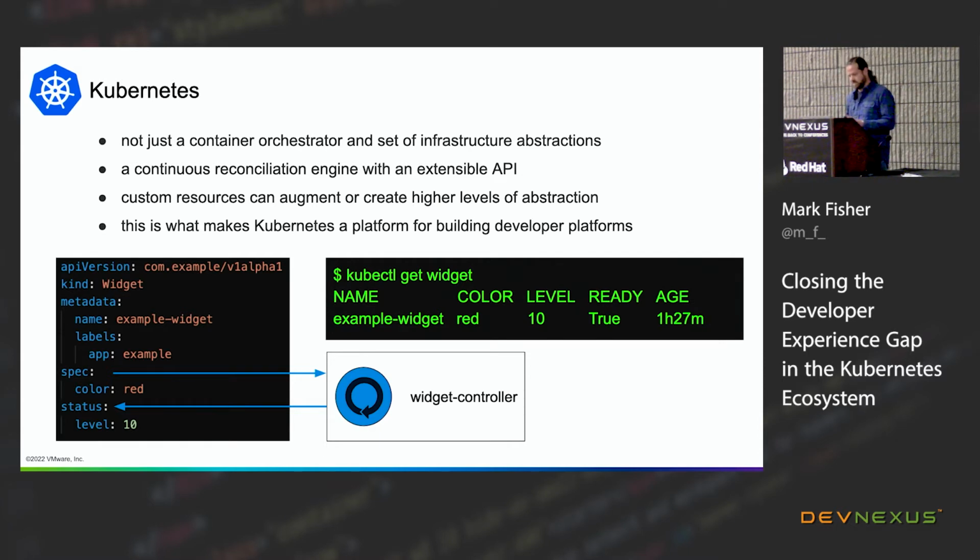So this is a simple example. I've got widget as an example type. The important thing here is that there's a spec and there's a status. It's almost like this is your request, this is your response, but it's a continuous thing. So you can watch that status and see what's happening with this actual resource. You write to the spec and you watch the status, basically.